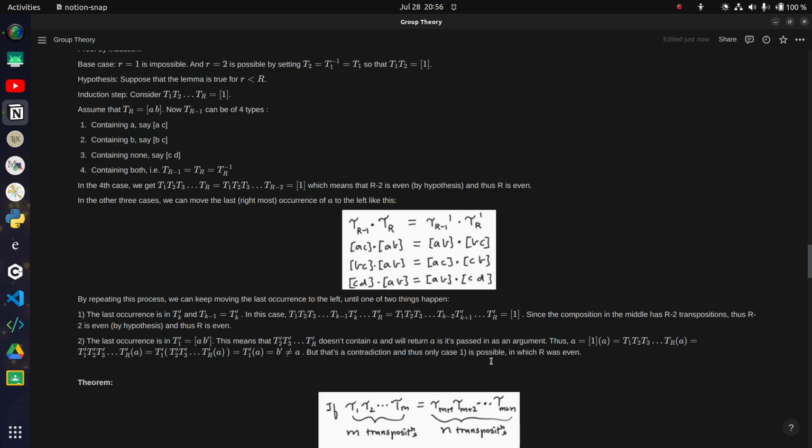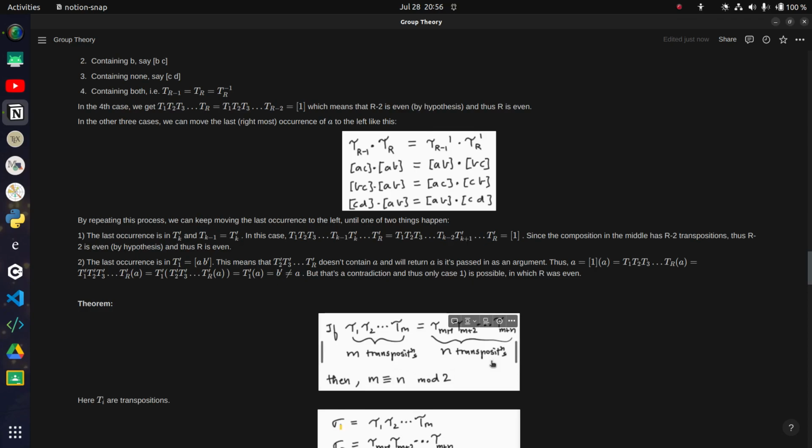Or it could be that you move the last occurrence of A all the way to the left. So now T1, or T1 dash I should say, because now it's not the same transposition, we have changed it. So now T1 dash contains A, and no other transposition in your expression contains A. But what that means is that you can write the identity element as T1 dash, T2 dash, T3 dash, so on till T R dash.